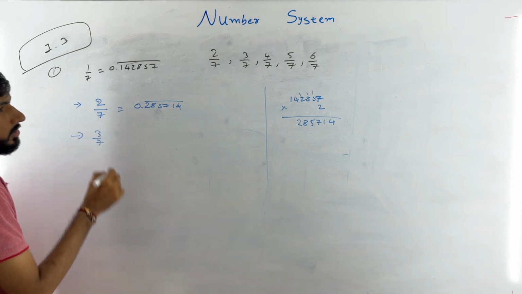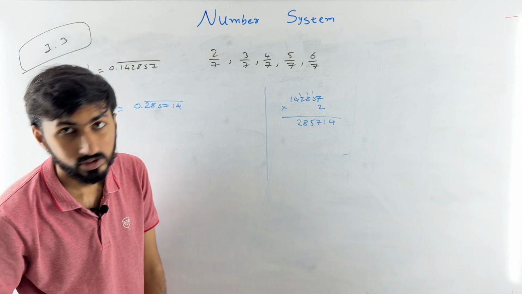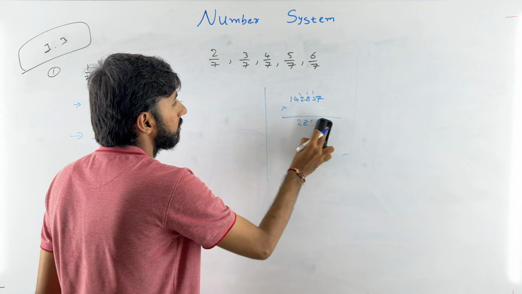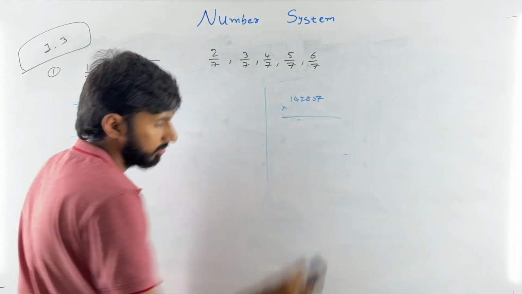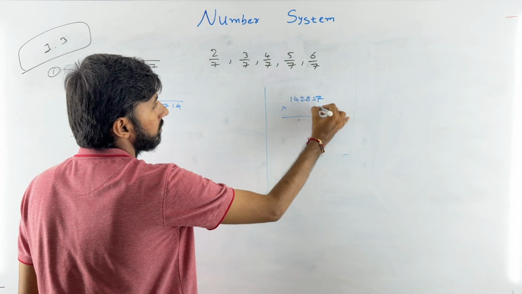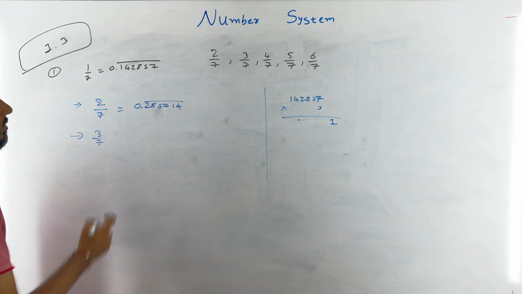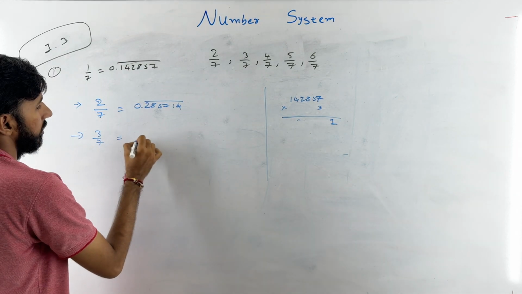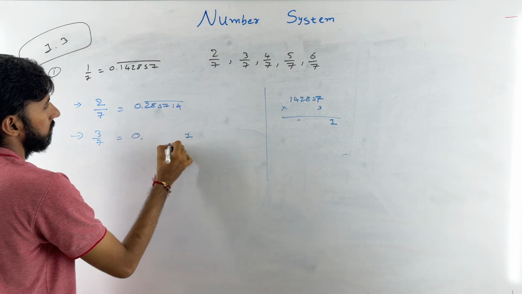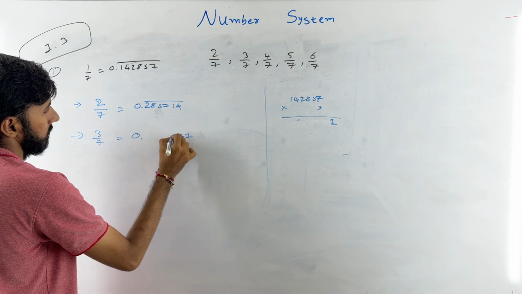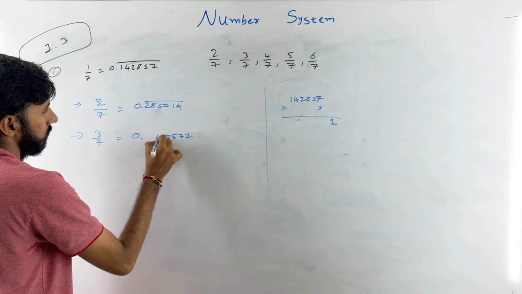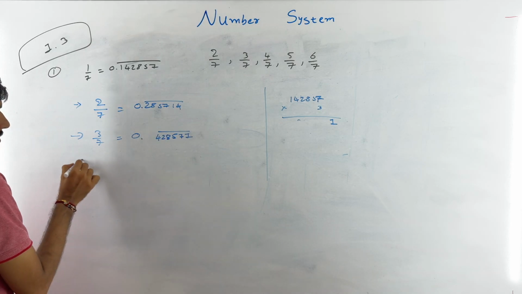Now for 3 by 7, just multiply this number by 3, you will get the answer. If you multiply this number by 3, here is 1. So if I write the answer, it is 0.428571, and there is a bar on this.